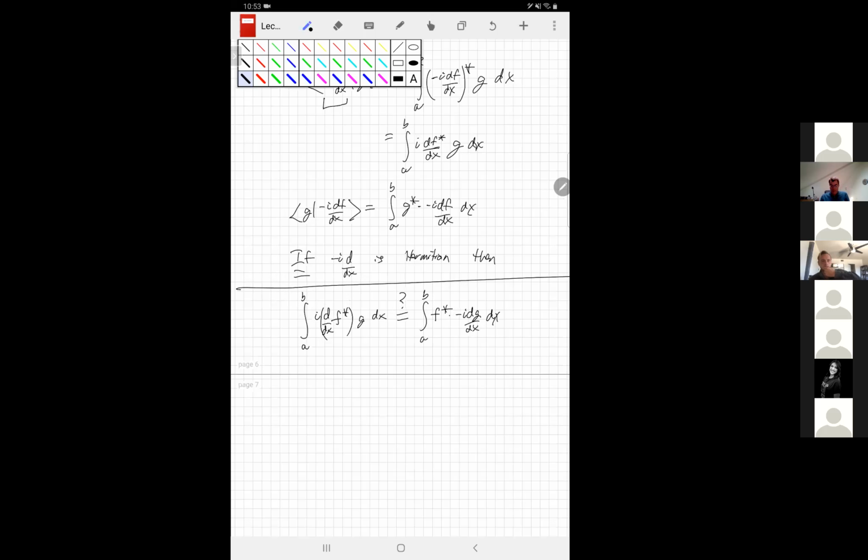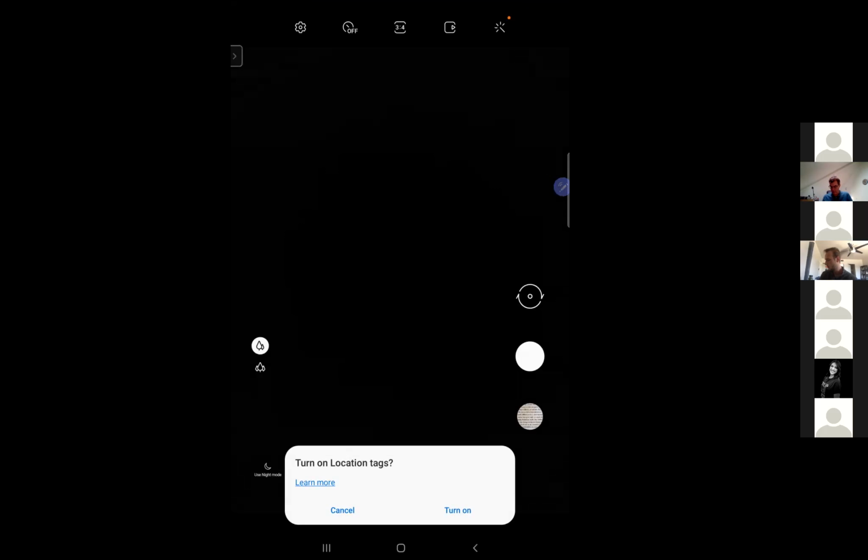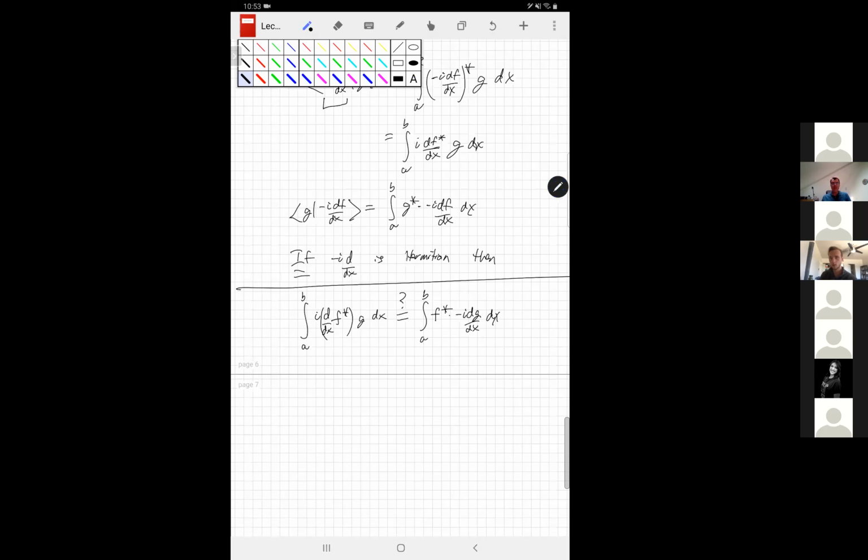That's the thing that we need to try to prove, that those two sides are equal. Because if those two sides are equal, then that means that the operator is Hermitian. And you're thinking, why do I care if the operator is Hermitian? Because if the operator is Hermitian, then it has orthogonal eigenfunctions. It has real eigenvalues, right? That's what we're trying to prove. Any questions?